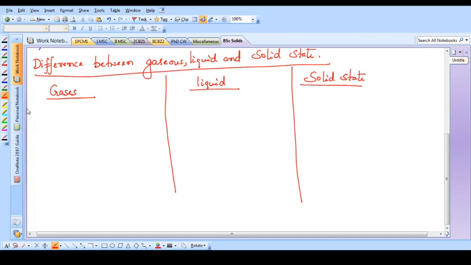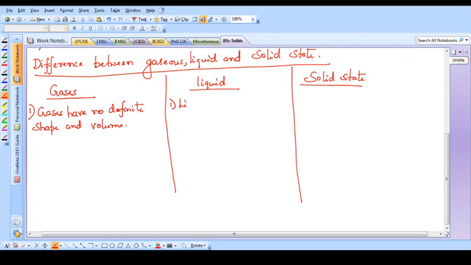So the first difference is gases have no definite shape and volume.